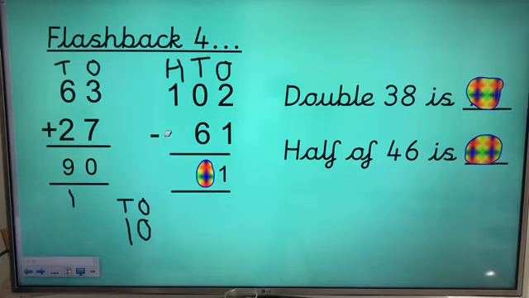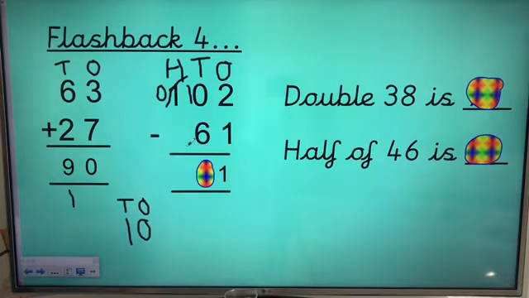So I've got 0 take away 6, but uh-oh, we've got a problem here. My starting number is smaller than my counting number, and that is a problem because I can't take a bigger number away from a smaller number, so I have to knock next door. Once I've knocked next door, I take 1 from there and make it 1 less. So what's 1 less than 1? Nothing, absolutely, it's 0. 0 is 1 less than 1, and I can take that 1 and put it in my tens column. So now I've got 10 take away 6.